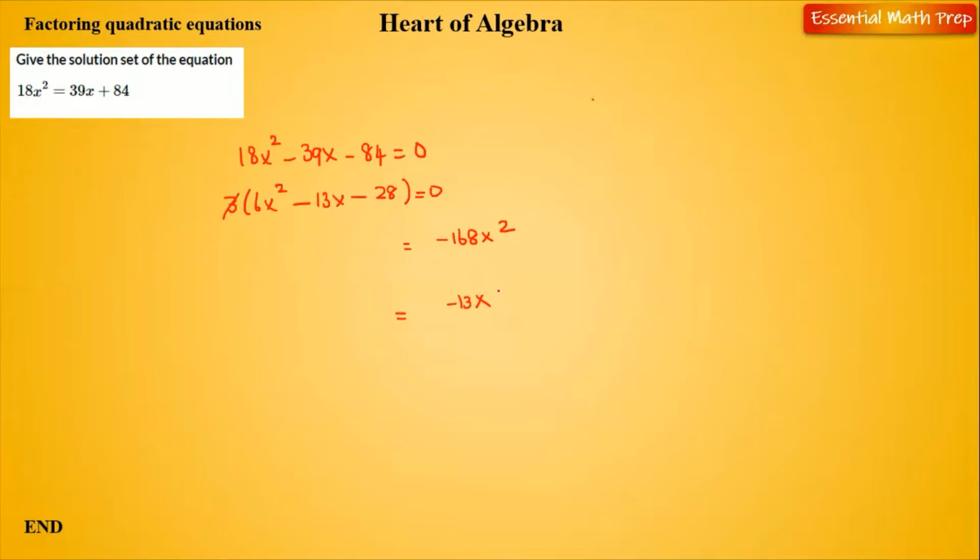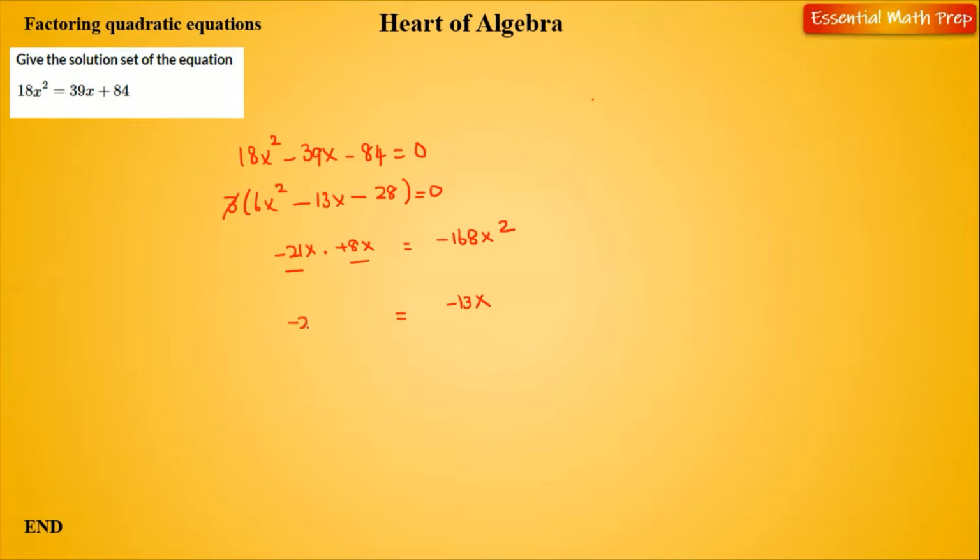So what factors you can use is, well, 21 times 8 is 168, right? Well, if you don't believe me, do it. So we want negative 21x times plus 8x will give you negative 168x squared.